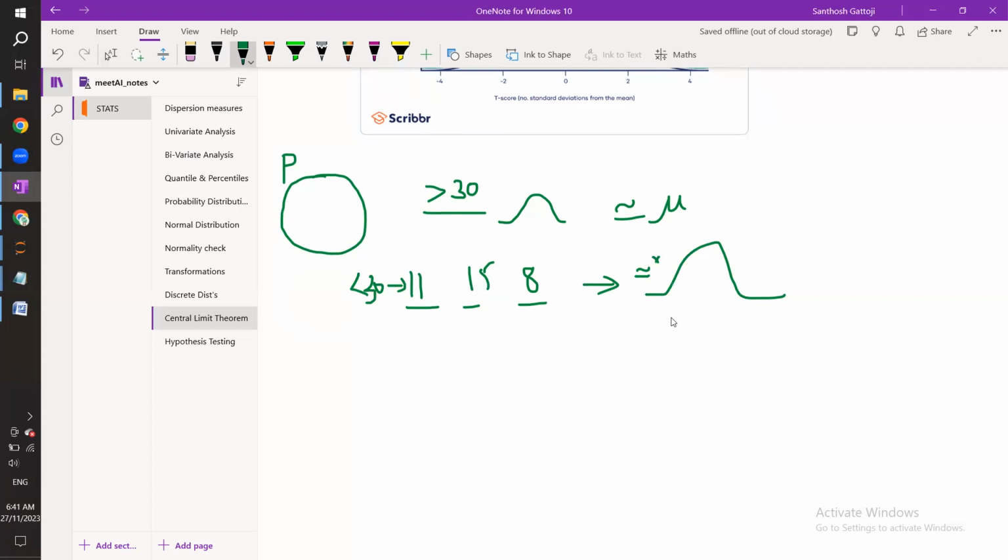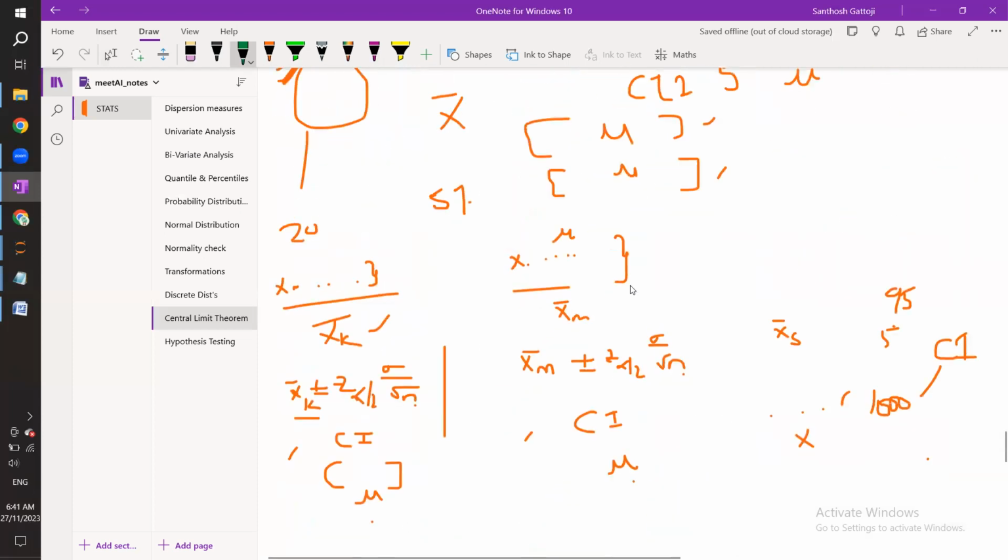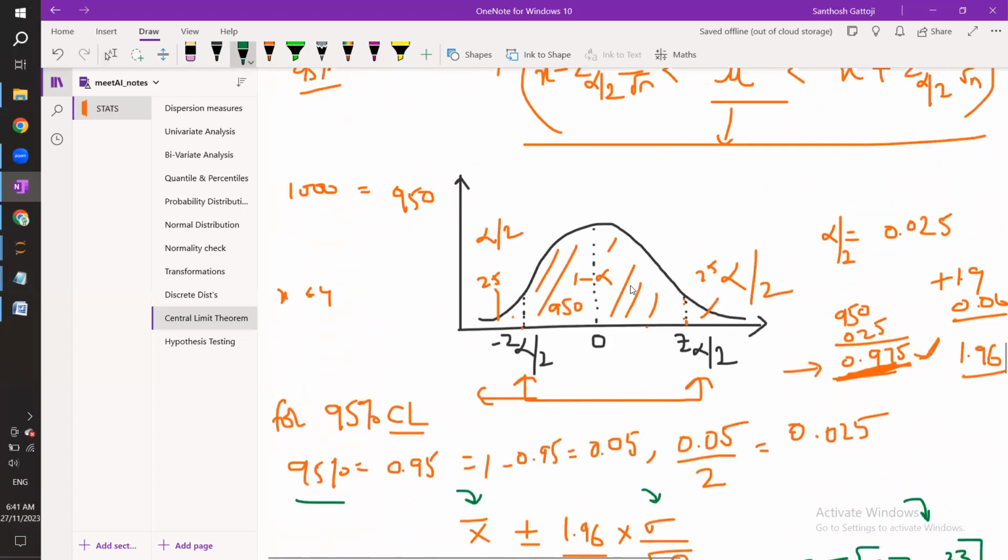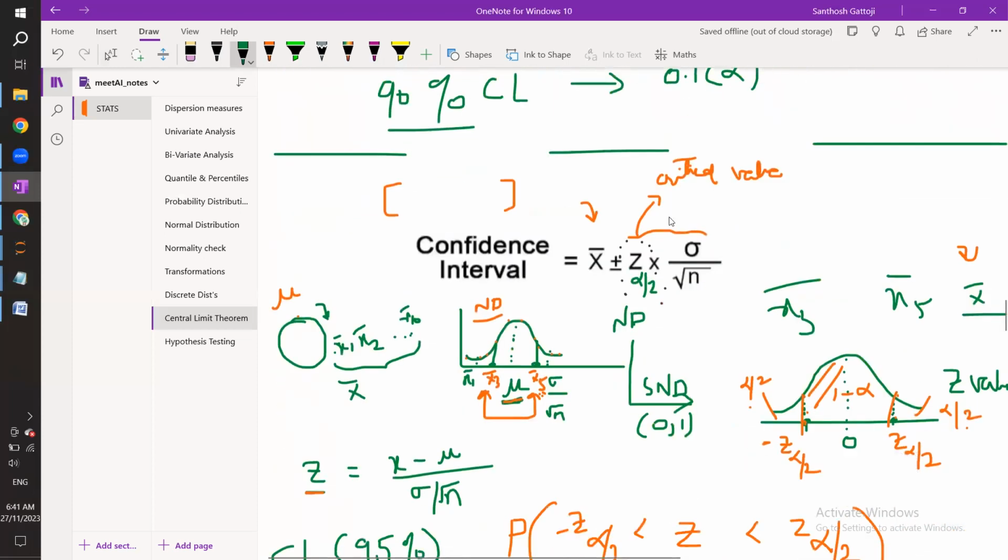And also the mean. I would like to show you the formula. Over here, if you see, x bar plus or minus z alpha by 2 into rho by square root of n.